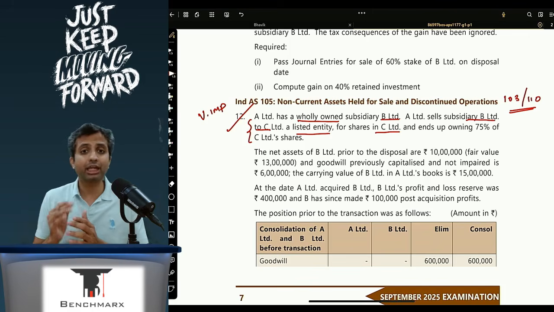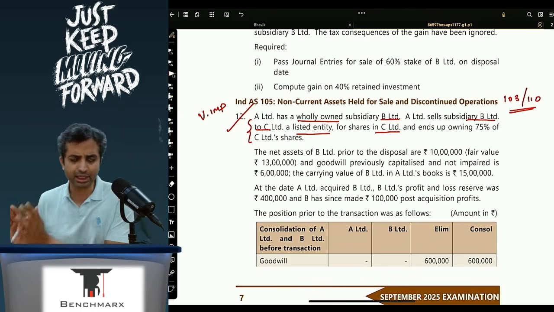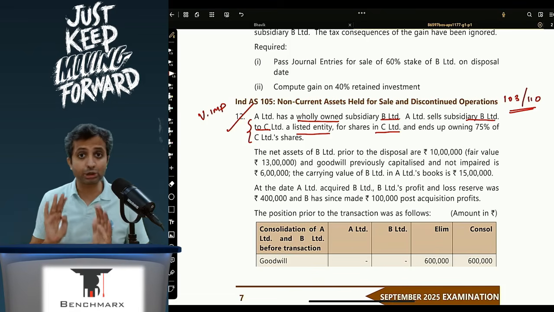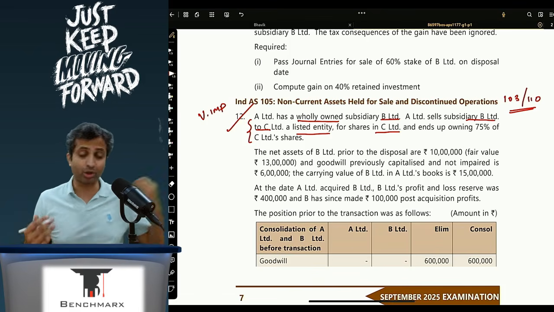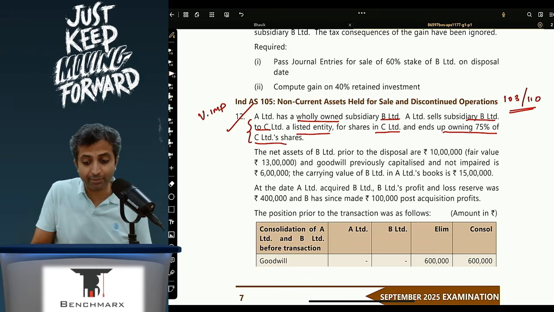In return, A is taking the shares of C. So A is giving up its stake in B, and in return it is getting shares in C. It could have gotten cash, it could have gotten anything. Here they're getting shares, and A ends up owning 75% of C shares.